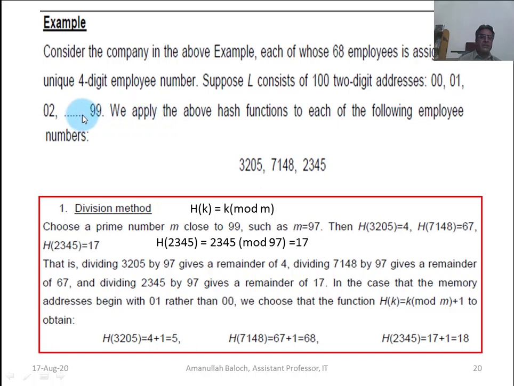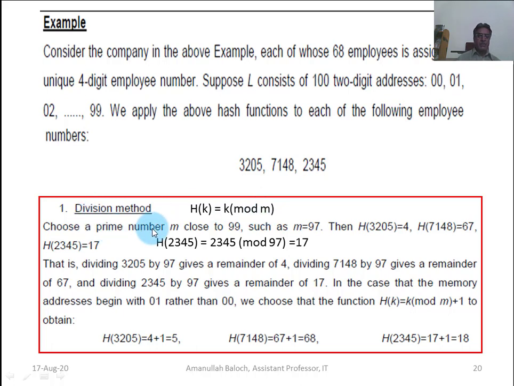From 0 to 99 we have 100 addresses. We apply the above hash function to each of the following employee numbers. Let's suppose we initially have 3 employees with these employee numbers, and we want to create the hash addresses using the division method, where our hash function is h of k is equal to k mod m.